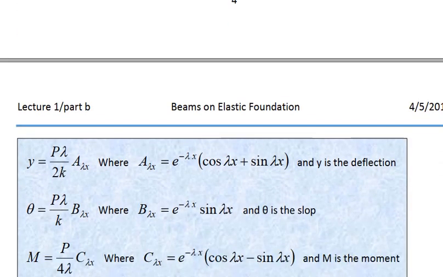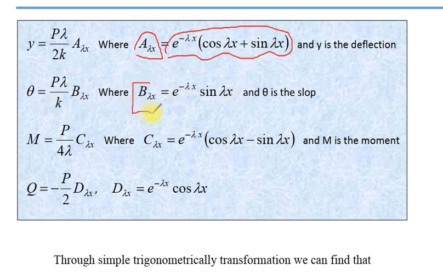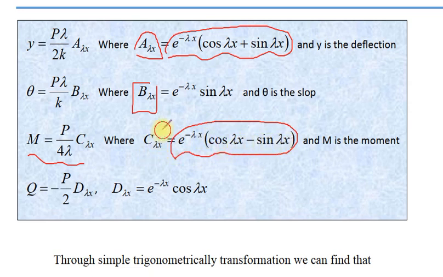These equations can be written as follows: y equals P lambda over 2k, and instead of e to the minus lambda x cosine lambda x plus sine lambda x, we can replace it with factor A lambda x, and e to the minus lambda x sine lambda x in the second equation by B lambda x. And for the equation of M, we can also replace this part, e to the minus lambda x cosine lambda x minus sine lambda x, by C lambda x.